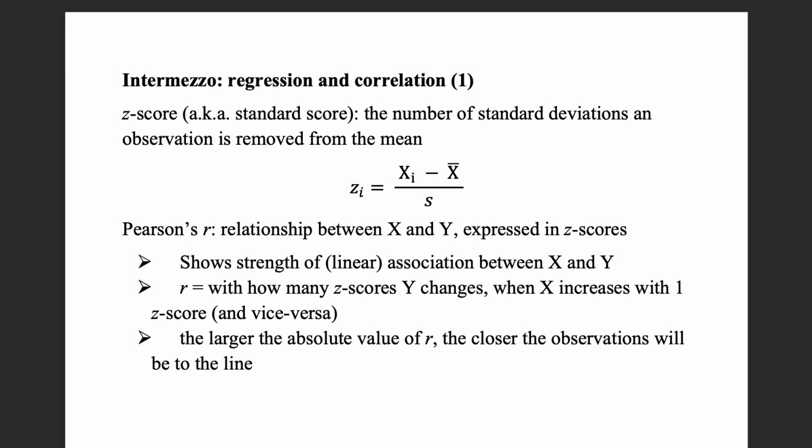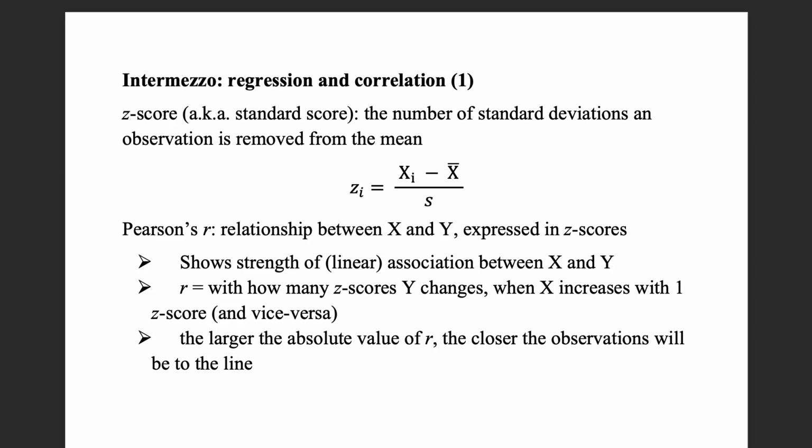Meaning that if you think about this correlation coefficient as a linear relationship that you can think of as a line at a 45 degree angle between our X and Y variable, and you think about all the individual observations around that line, then the closer all the individual observations are to that line representing the relationship, the larger the value of the Pearson's correlation coefficient. I'm saying absolute value because, of course, a correlation coefficient can be either positive or negative.